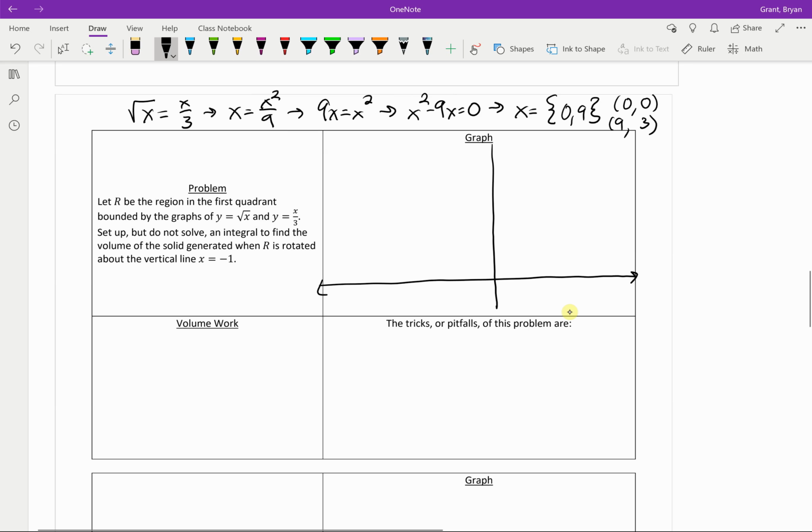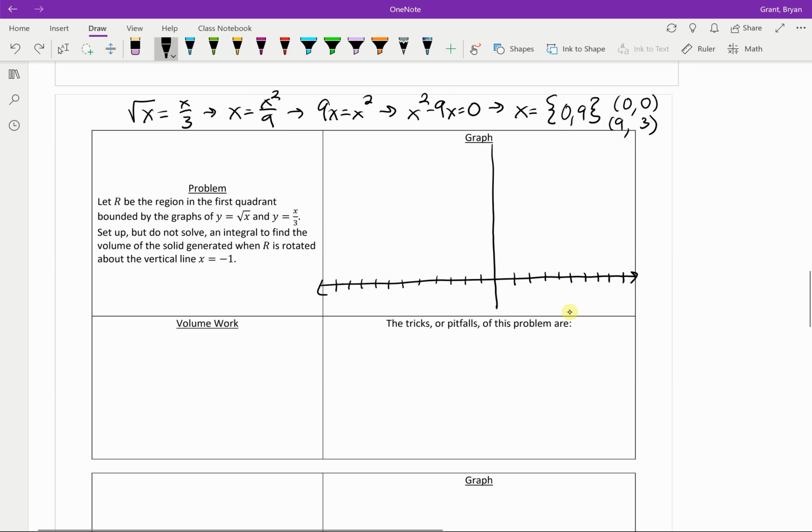So 1, 2, 3, 4, 5, 6, 7, 8, 9. Add 2 more for good luck. Okay, here we go. Trying again. So we have the graph of y equals the square root of x, and we can plot a couple points. Let's elongate this.